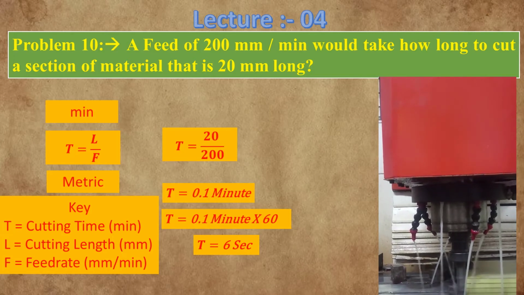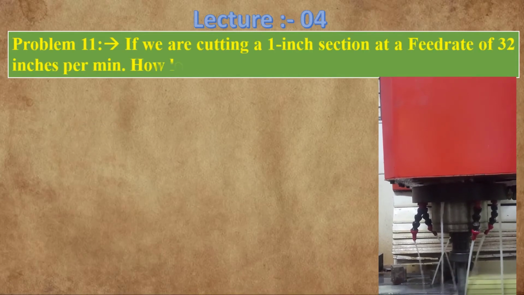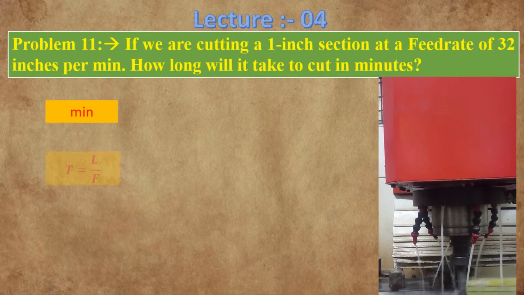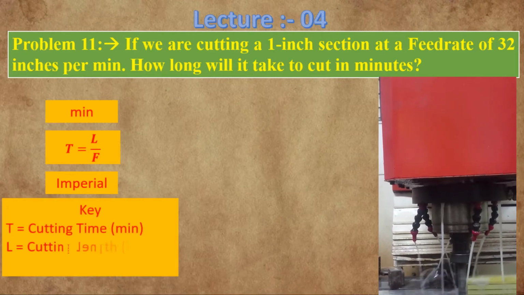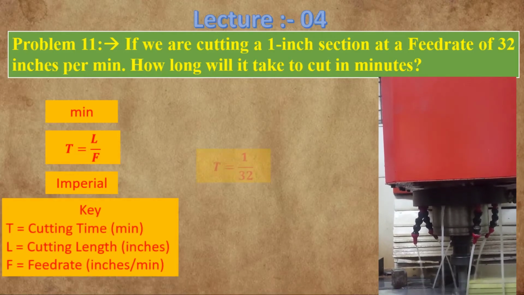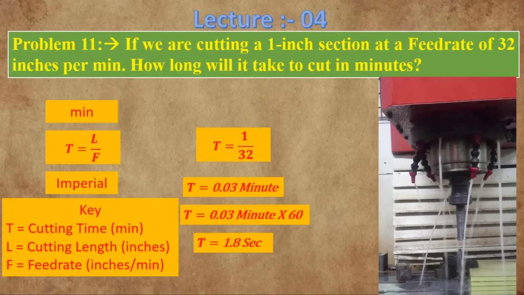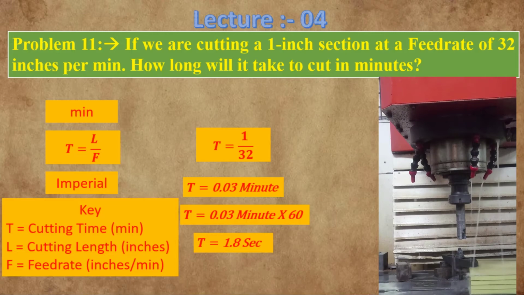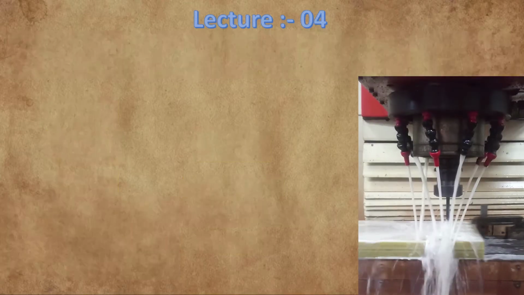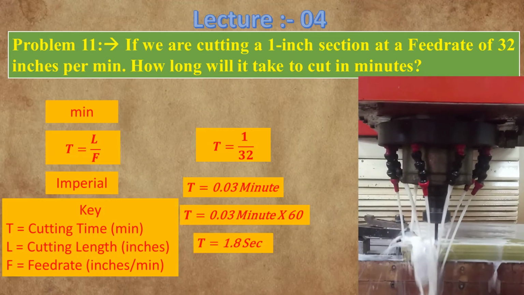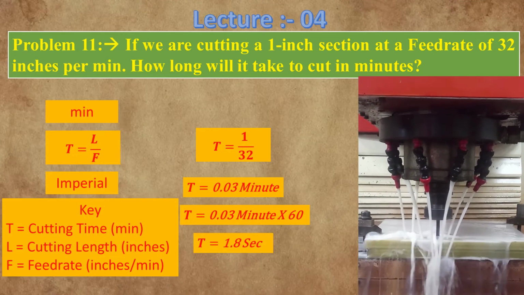Okay, let us have a look at an imperial one. So my problem here is, if we are cutting a 1-inch section at a feed rate of 32 inches per minute, how long will it take to cut, in minutes? So in this imperial example, we are going to calculate our time again, and we are going to say our cutting length is 1 inch this time. So we would have 1 inch divided by our feed rate, and if we give it a feed rate of 32 inches per minute, we would divide 1 by 32, and that would give us our answer.